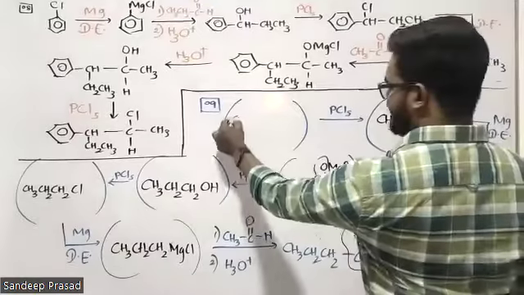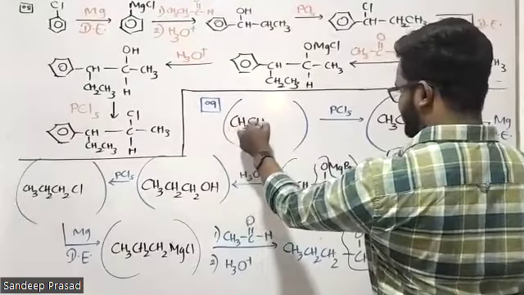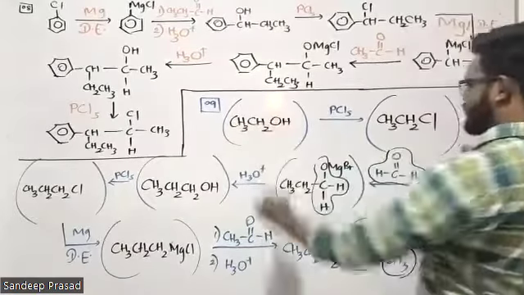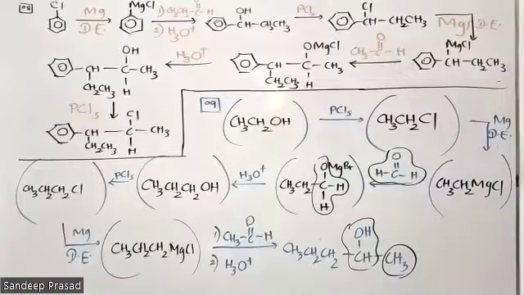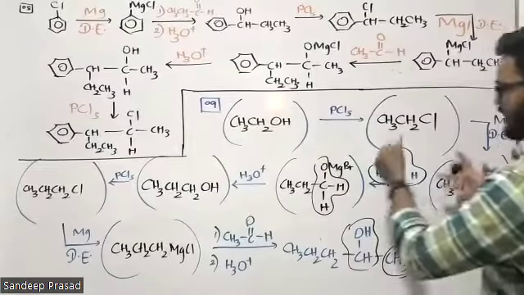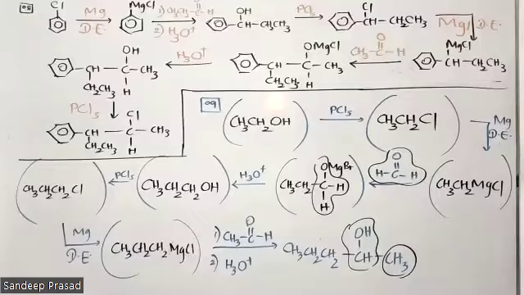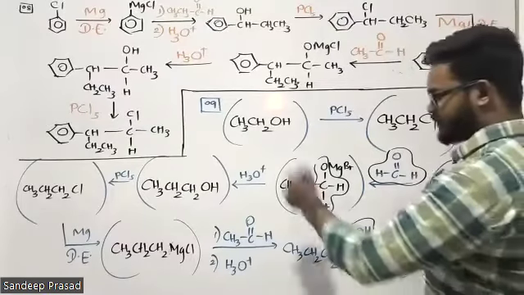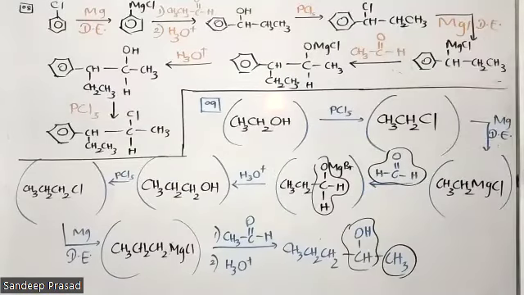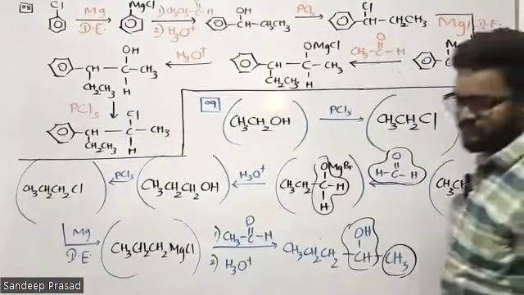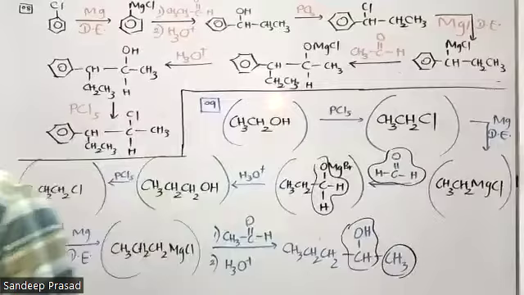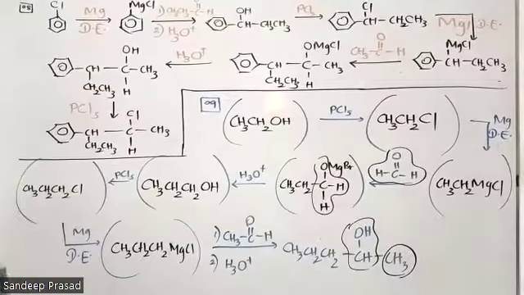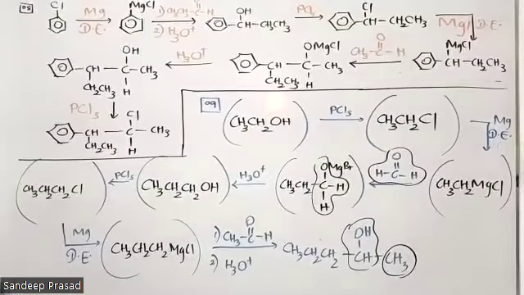So alkyl halide is formed by adding PCl5 to the alcohol, CH3CH2OH. So you should be able to go for the reverse as well. In the examination, they will give you the reverse also. You have to practice the reverse also. Number 9, like this. Quickly come to this one. We have to go for the next one. Done?